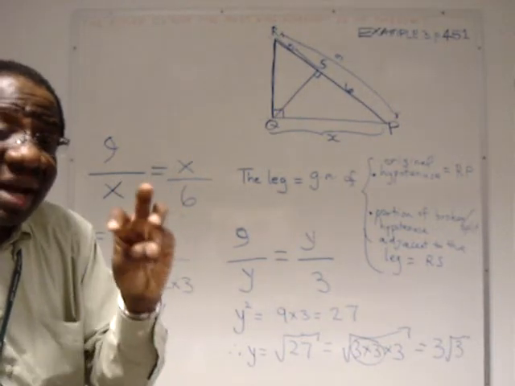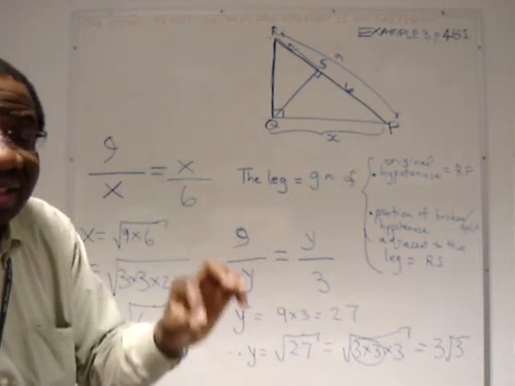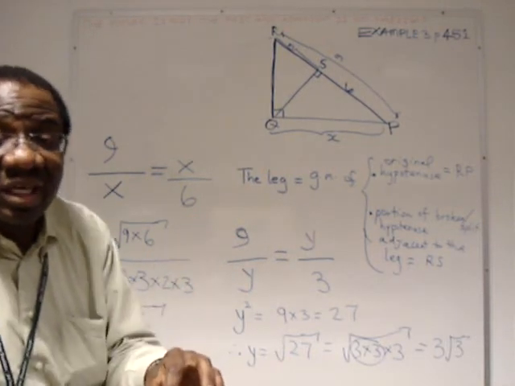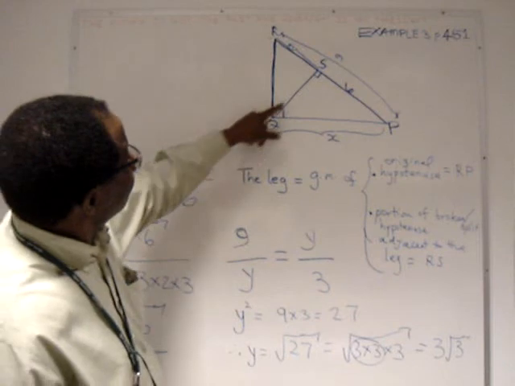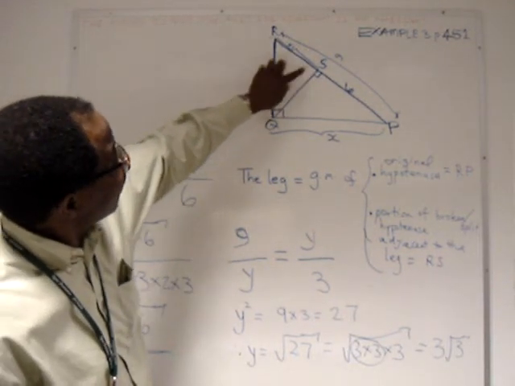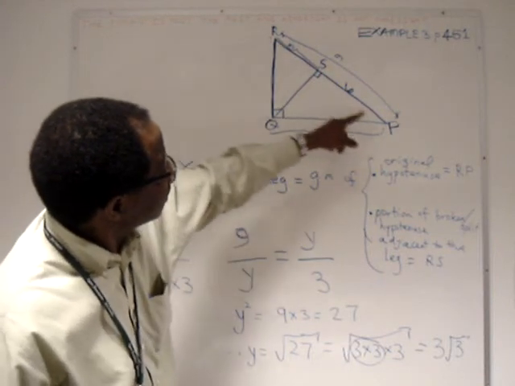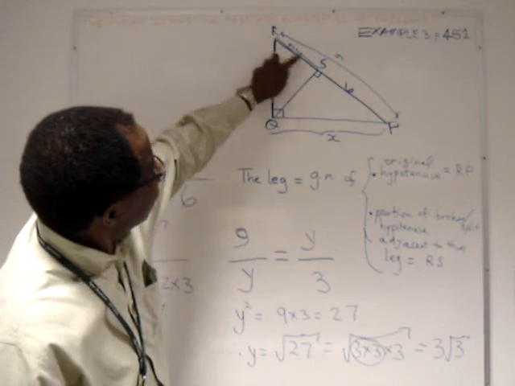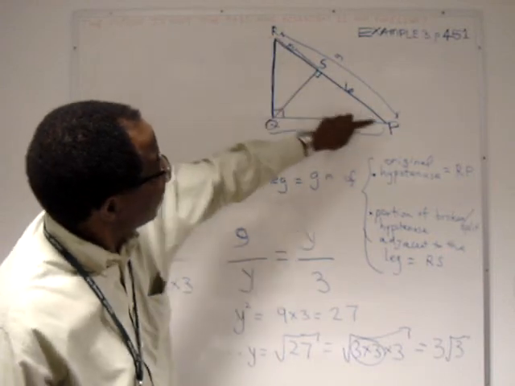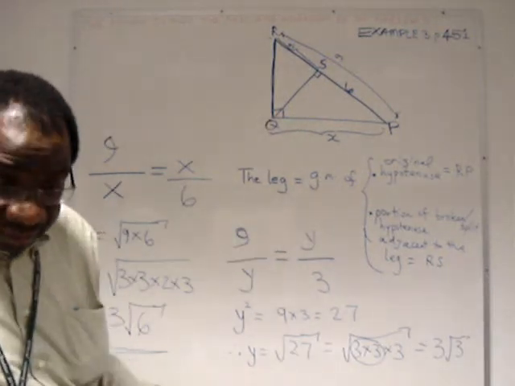There's the theorem of the hypotenuse, which is this, and then there's the geometric mean theorem of the altitude, and that one will involve the altitude being the mean of these two portions. That one does not involve the hypotenuse. It will only involve RS and PS and the altitude. Okay? We'll cover that.